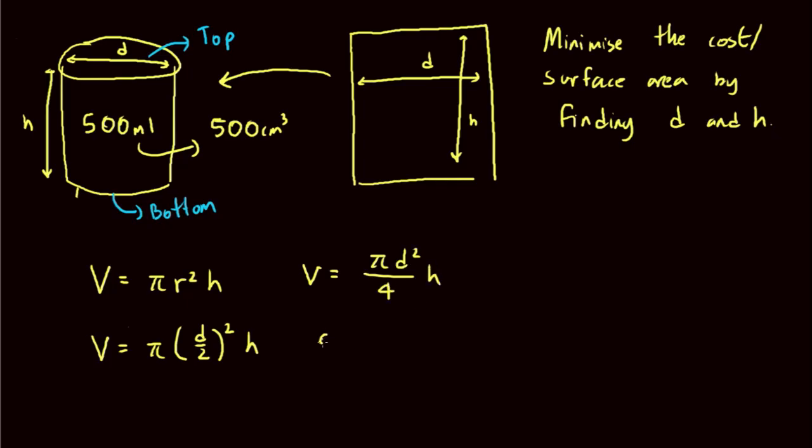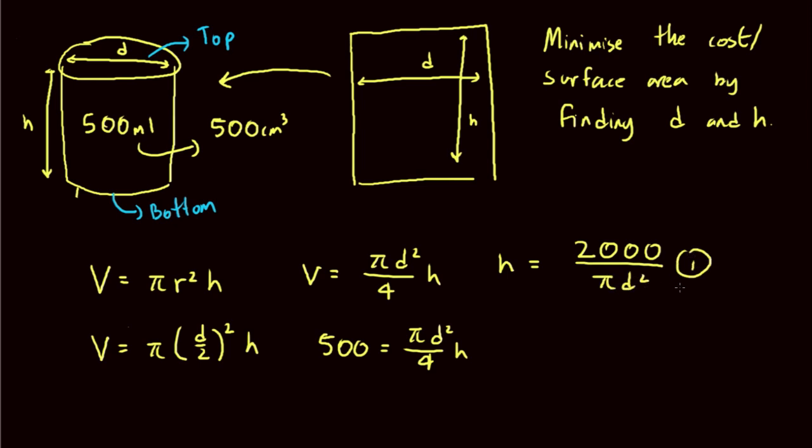Our volume is 500, so 500 equals pi d square over 4 h. Therefore you can express h as simply 5 times 4, which is 2000 over pi d square. So this is one equation I want to keep.